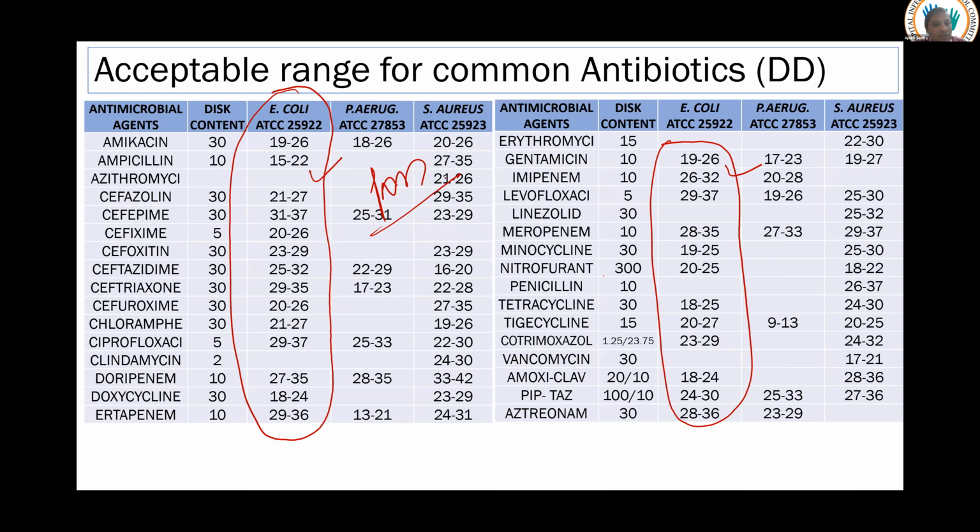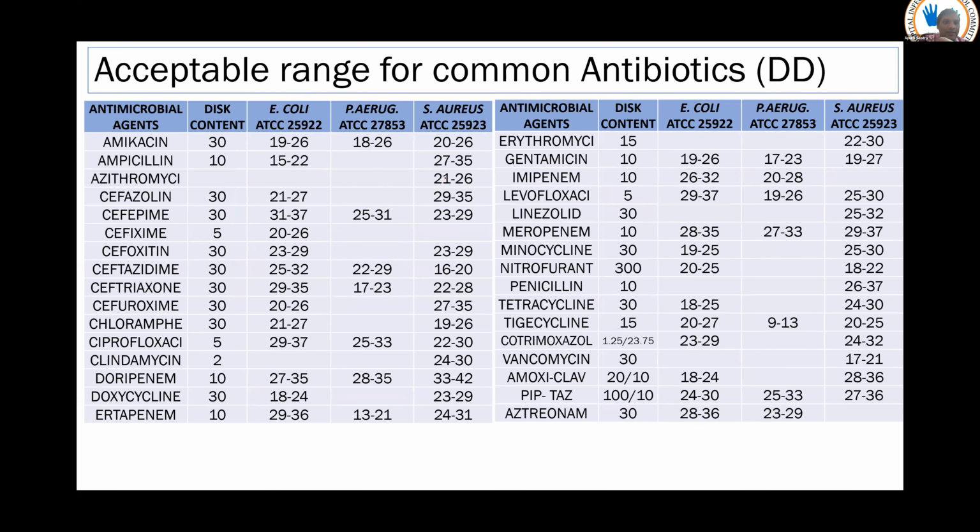If they fall outside this range, like for example amikacin, when you are testing ATCC E. coli, if it is less than or equal to 18 mm or more than or equal to 27 mm, then you have to tell that QC is fail. There is nothing like sensitive or resistant with respect to QC strain testing.